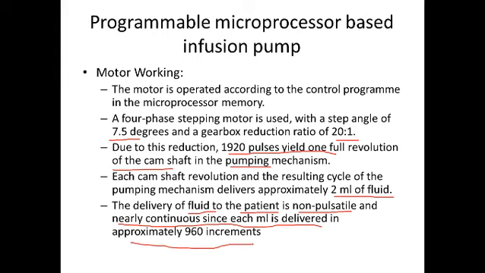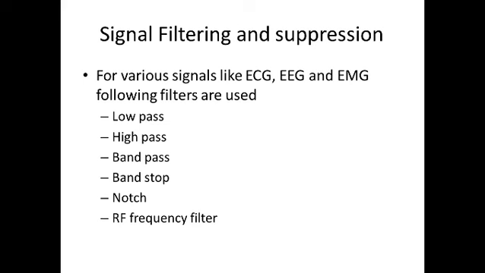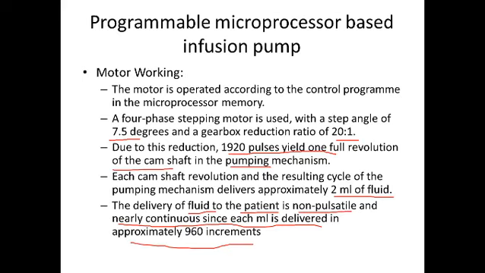After 960 increments, that many rotations, you deliver only 1 ml. So you have very good control over the delivery of the drug. This is about the programmable microprocessor based infusion pump.